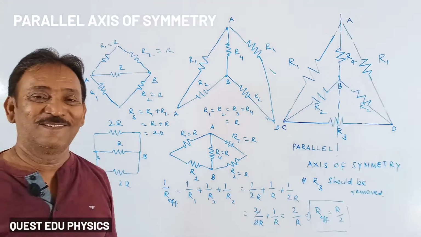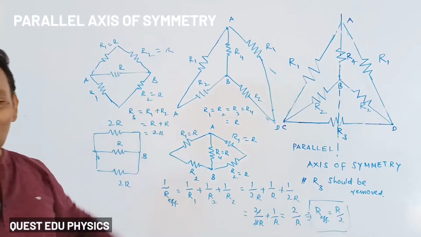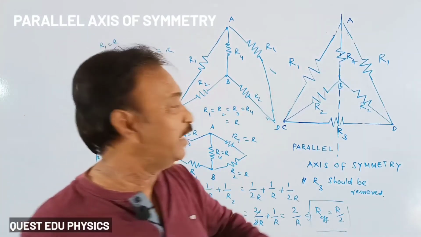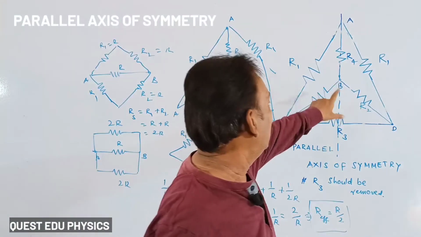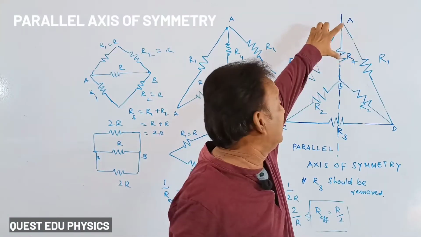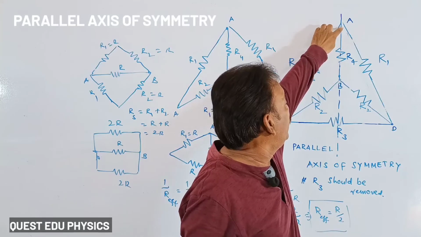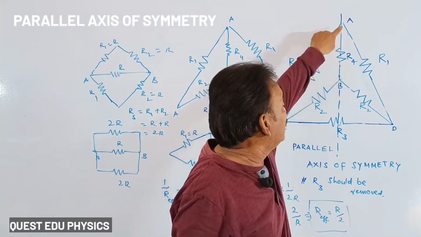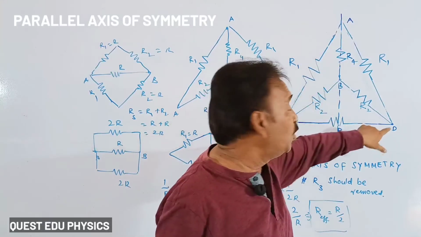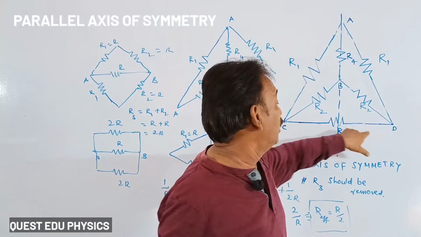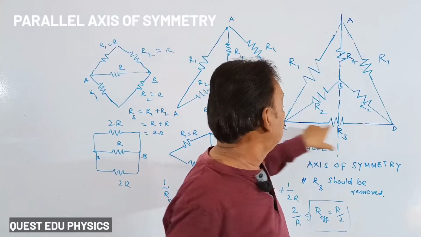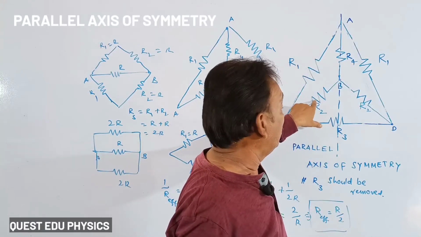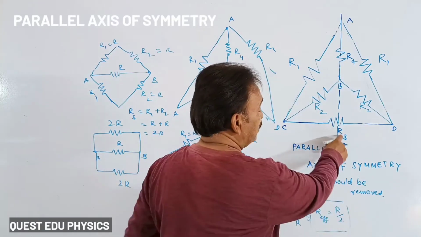Okay, students, I hope you understood how to solve this. You have to locate the axis of symmetry first. Here, when the effective resistance has to be found between the two points and they are along the axis of symmetry, then you have to remove the resistor which is perpendicular to the axis of symmetry. You should not remove the other one.